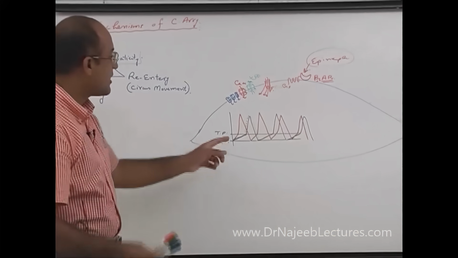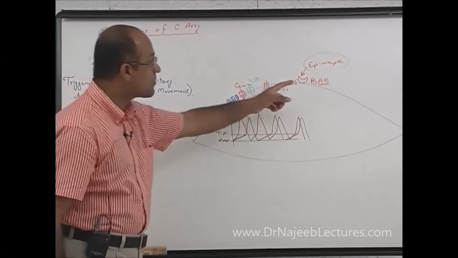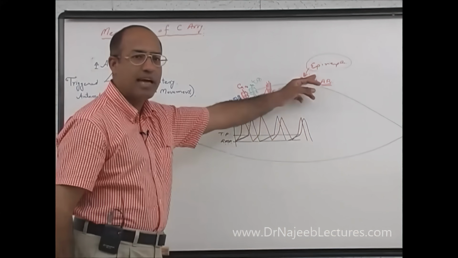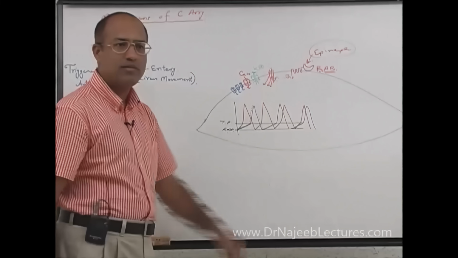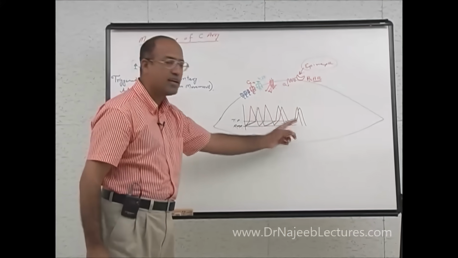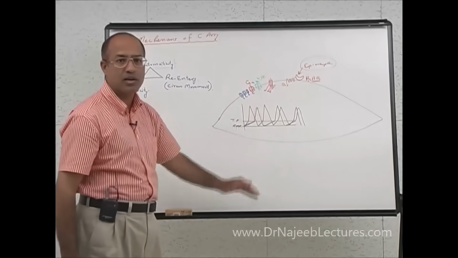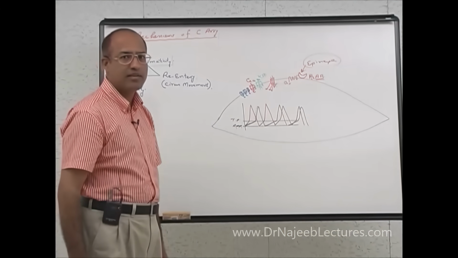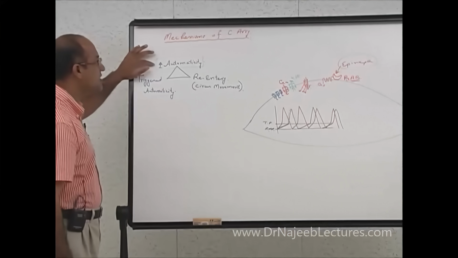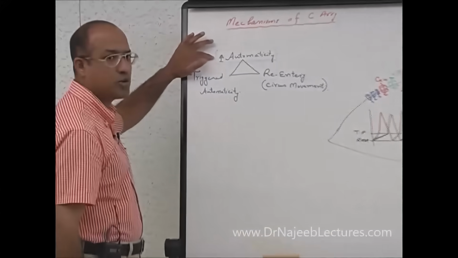We can say that normal automaticity is enhanced after the action of epinephrine on the SA node, and the SA node will be firing more frequently, and if the SA node is firing more frequently, we say there will be sinus tachycardia.